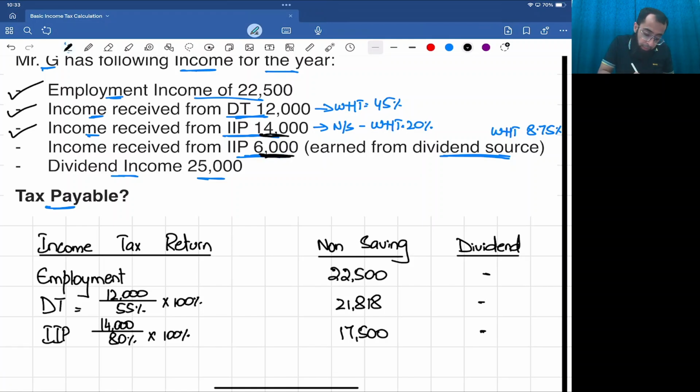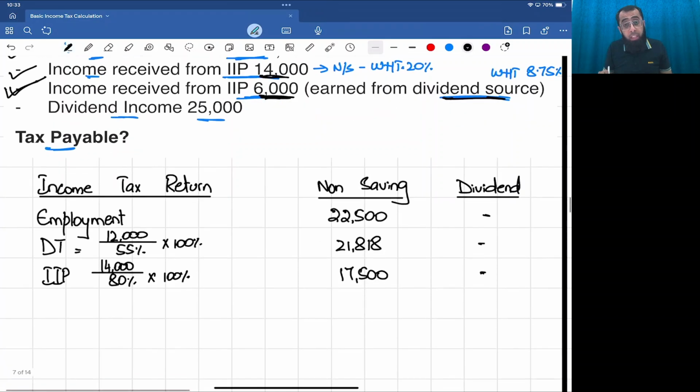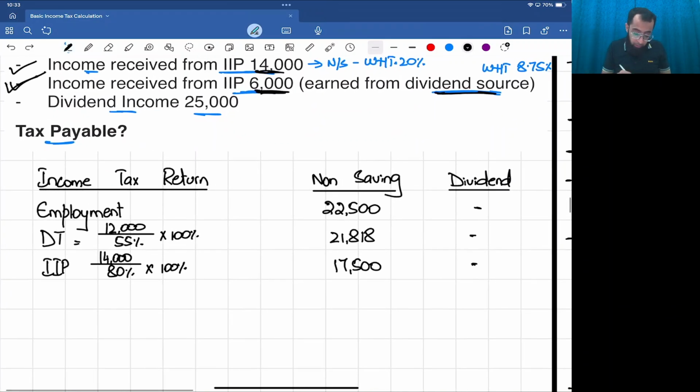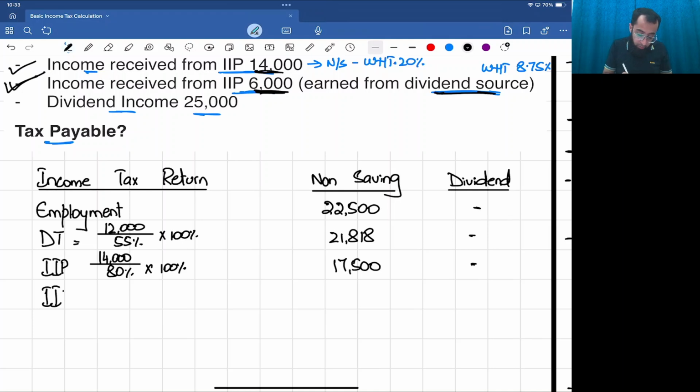Then income from IIP, which is stated to be dividend source, 8.75%. So one more IIP. There are two interest in possession trusts he owns. 6,000. 8.75% is the withholding. So 91.25 will be the grossing adjustment. See, it's pretty much logical.